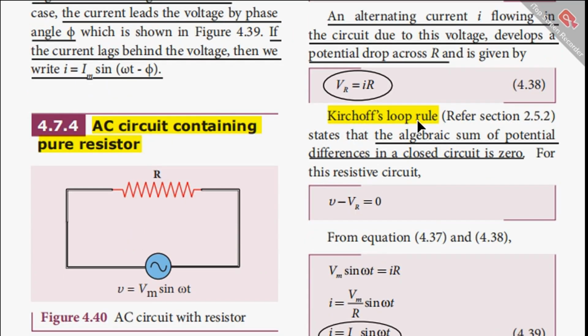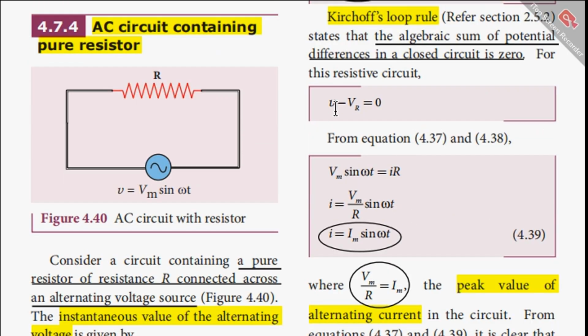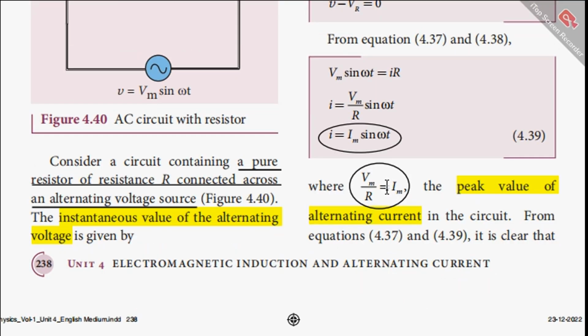Kirchhoff's loop rule says that the algebraic sum of potential differences in a closed circuit is 0. For this resistive circuit, V minus VR is equal to 0. And from equations 4.37 and 4.38, we get I equal to Im sin omega t, where Im, the maximum value of current, is given by Vm by R, where Vm is the maximum voltage and R is the resistance.